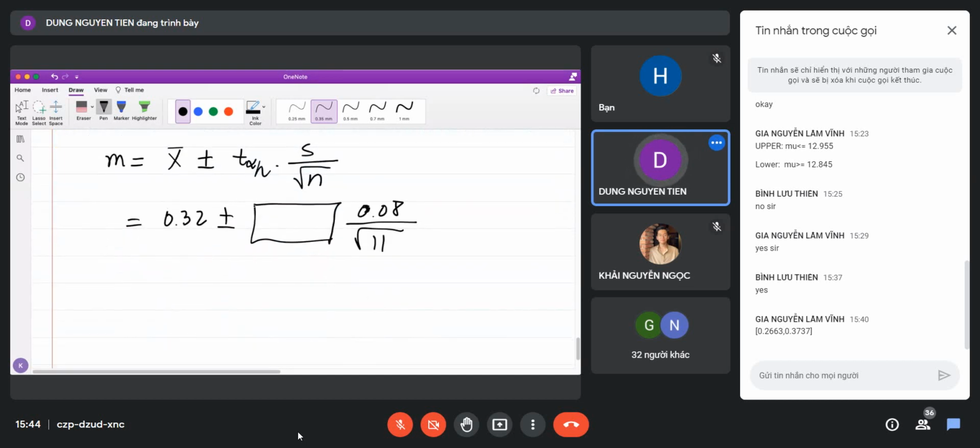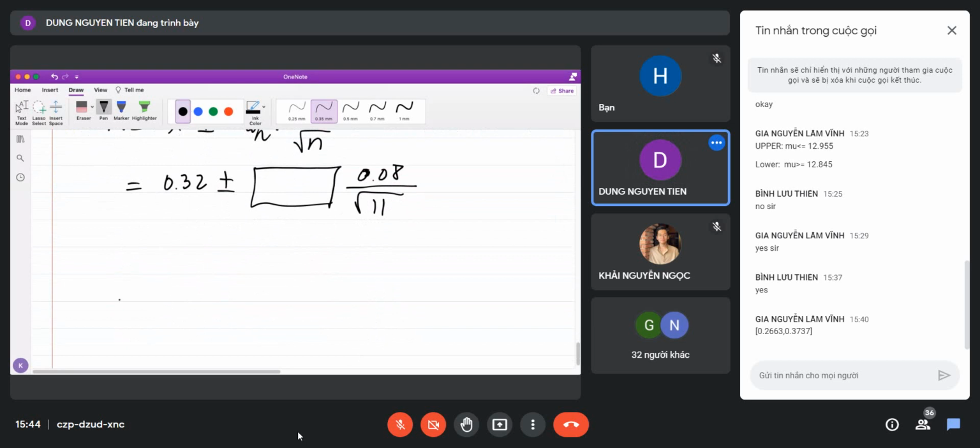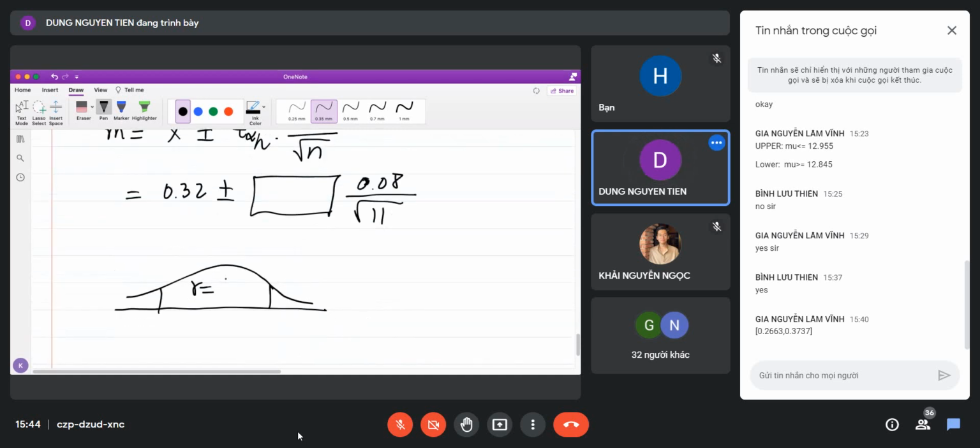How can you get the t value? In order to get the t value, you need to look at gamma, which is 95%. Alpha is 0.05, and alpha over 2 is 0.025.